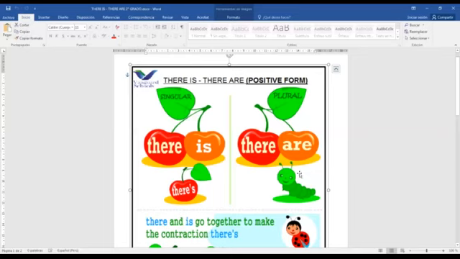These are plural nouns. For example, I want to say, hay dos manzanas. I have to say, there are two apples. If I want to say, hay dos libros, I have to say, there are two books.